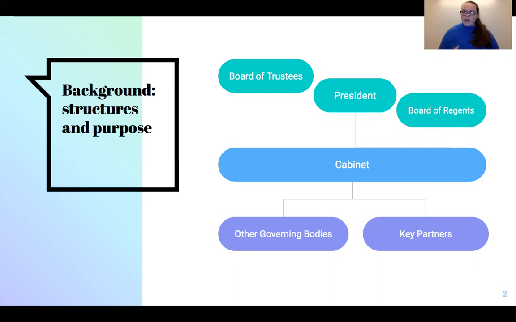They tend to have less, they're definitely less known on our campuses, and they have different responsibilities than the Board of Trustees and the president. The next tier under that is the cabinet. Now, again, this looks very different in high schools versus universities and colleges.